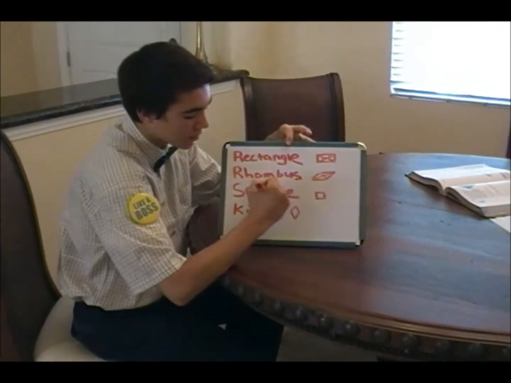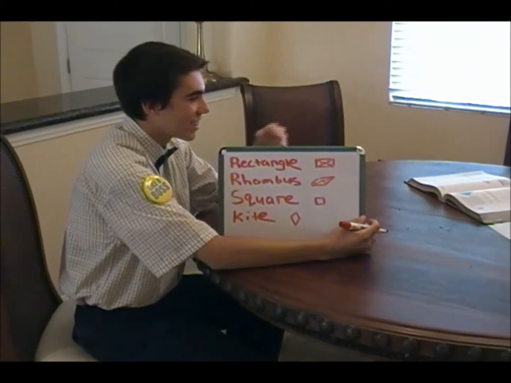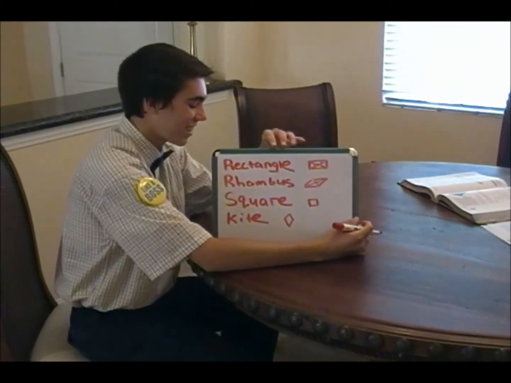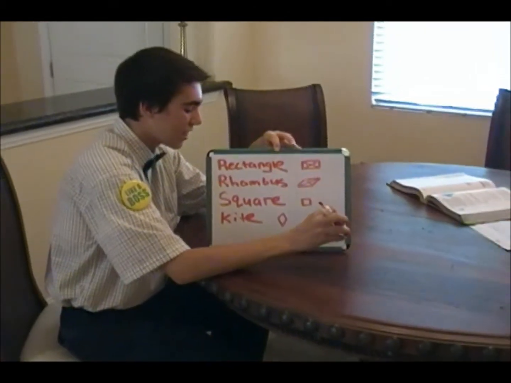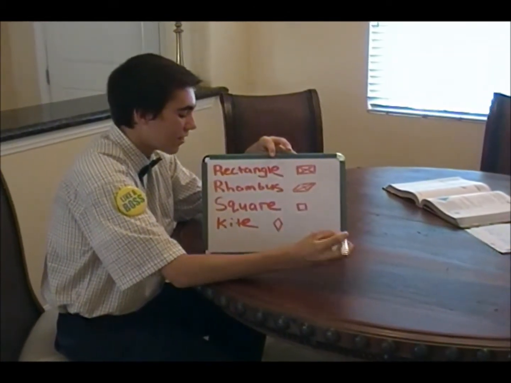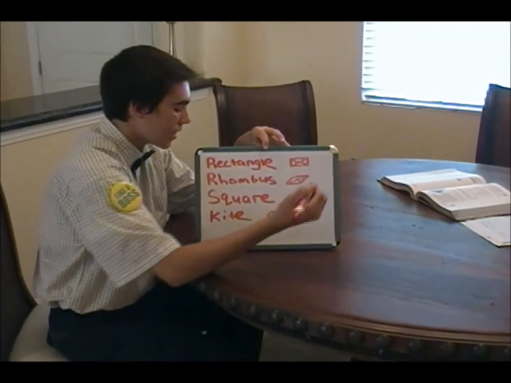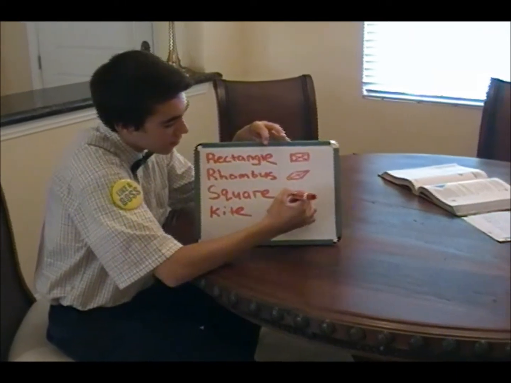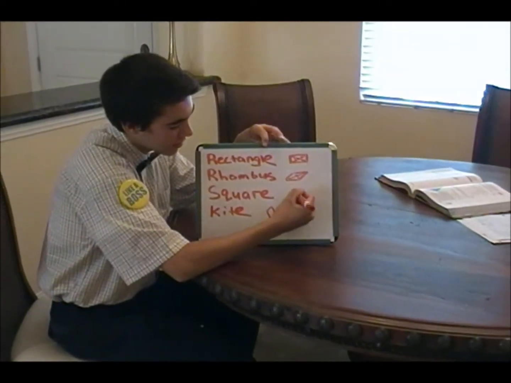And then a square, it's like the baby of all the shapes. It's like they all had a baby. So it has all the same properties as a parallelogram, a rectangle, and a rhombus. It has 4 congruent sides, so 4 tick marks.